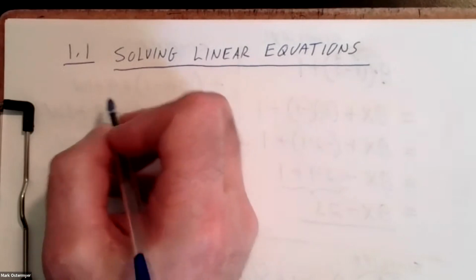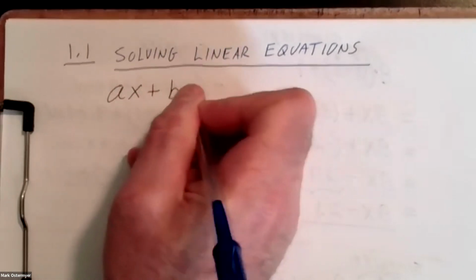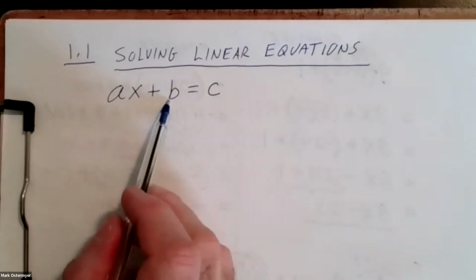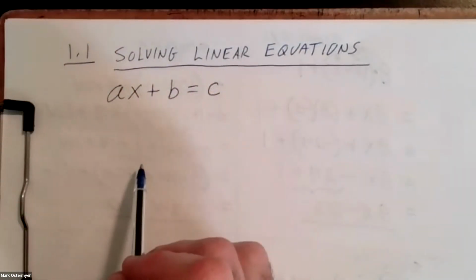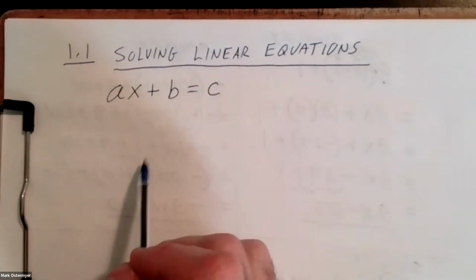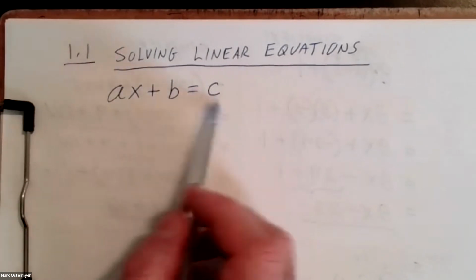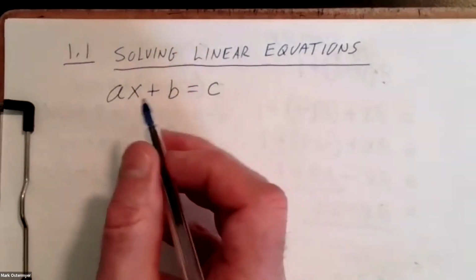Well, in general, a linear equation is going to be a construct that looks like this. X is the variable, A, B, and C are just numbers. These are called equations, no longer algebraic expressions, because we see the equal sign that's involved in our situation. We're going to learn how to solve equations.